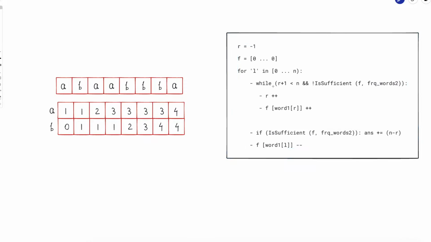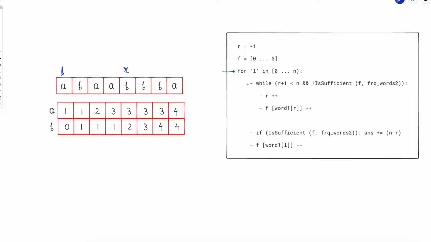What we are doing, we are trying out every possible L. For each possible L, we are starting with some R, and we are trying to increment our R to a position where it becomes valid, right?